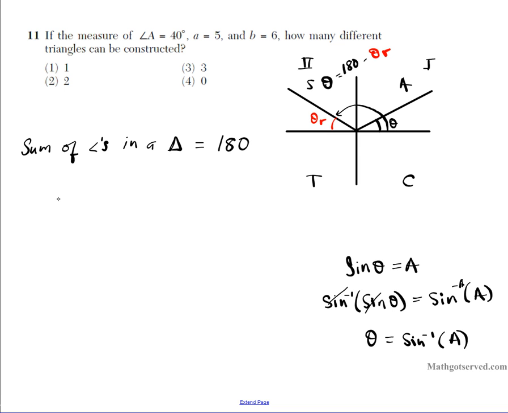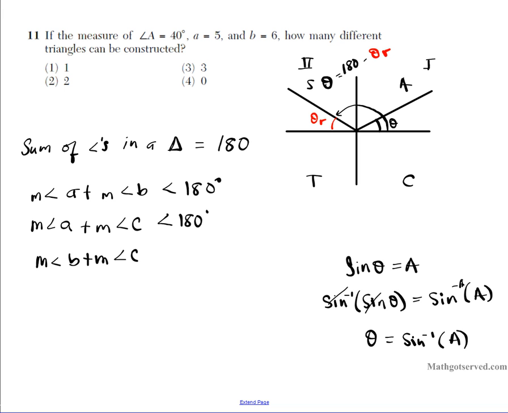So anytime you add two angles, measure of angle A plus measure of angle B must be less than 180 because you need something for angle C. Measure of angle A plus measure of angle C must be less than 180 because you need something for angle B. And measure of angle B plus measure of angle C has to be less than 180, because you need something for angle A. If you add any two angles and it's bigger than 180, then you can't have a triangle because the last angle can't have any value. So keep this in mind. This is the triangle angle sum theorem.